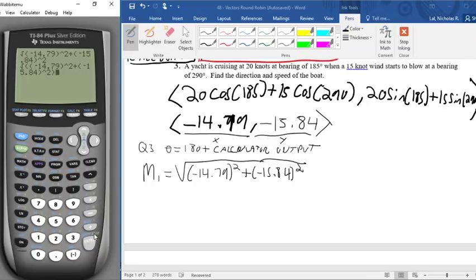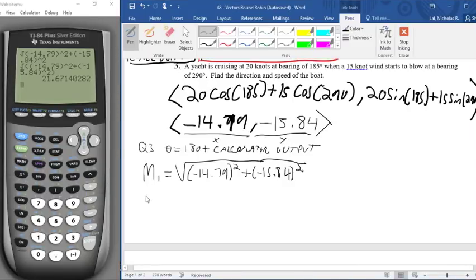All right. That's going to give us a magnitude of 21.67. I was very careful with those calculator inputs. So this is not going to be M1, this is going to be our magnitude. So our magnitude is going to be equal to 21.67 knots, which is the speed of the boat.